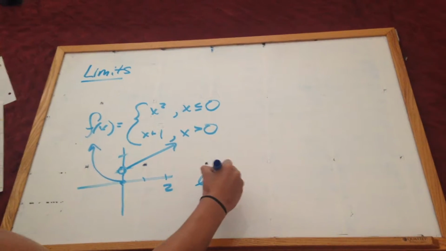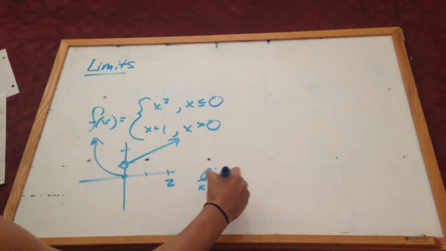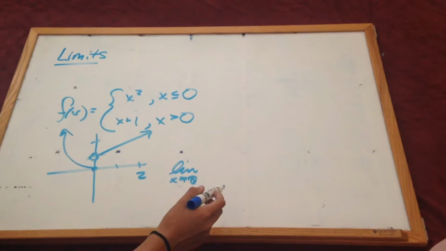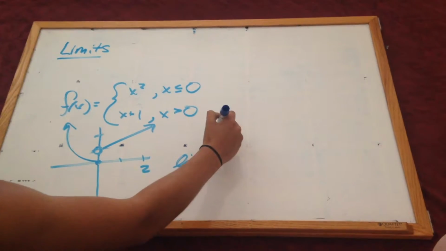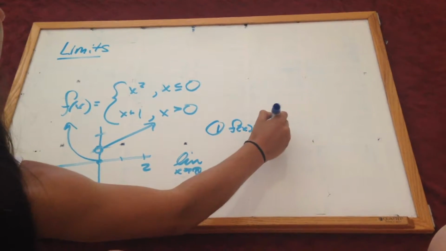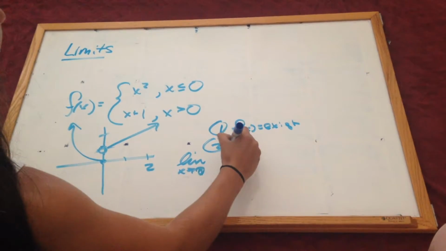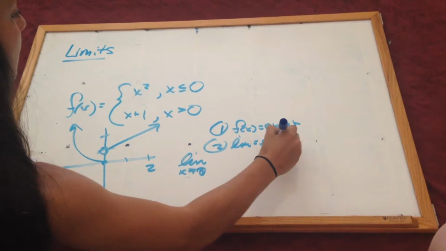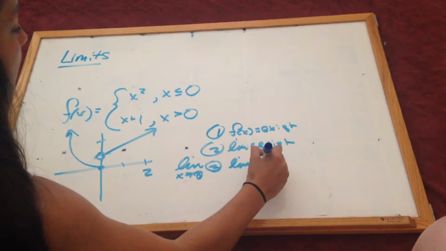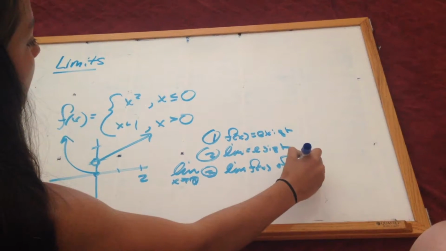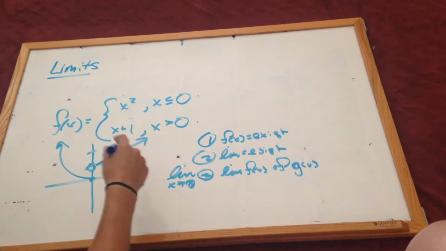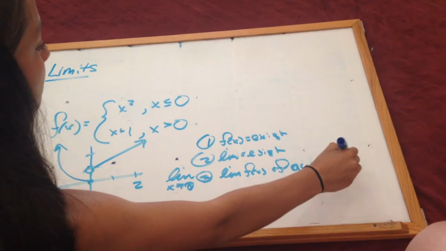And then finally we have when a limit does not exist, and this is usually with a piecewise function. Look at the limit as x goes to 1, or as x goes to 0: we see that there are actually 2 points that x is supposed to equal. Because of the rules of discontinuity, one is that both points have to actually exist, two is that both limits have to exist, and three is that the limits of f of x and of g of x, which would just be either of the functions within the piecewise function, are equal.